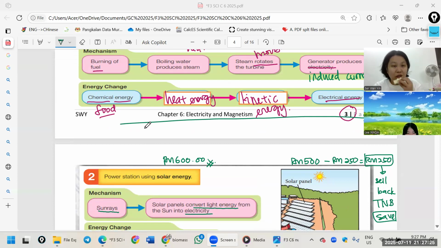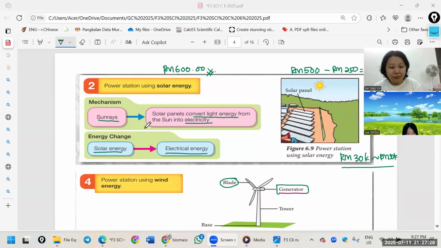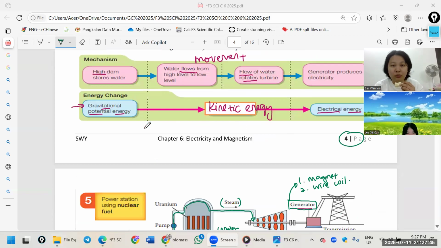Right, solar energy. Then kinetic energy to electrical energy. Good.